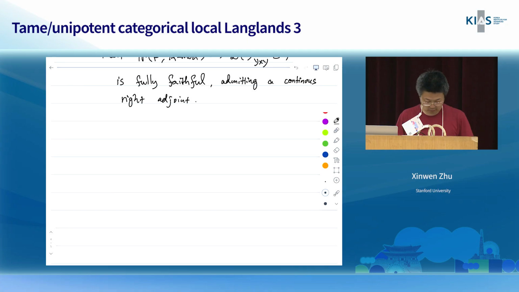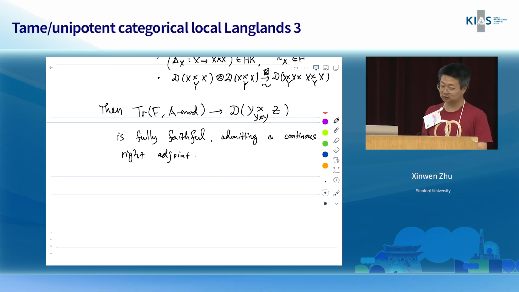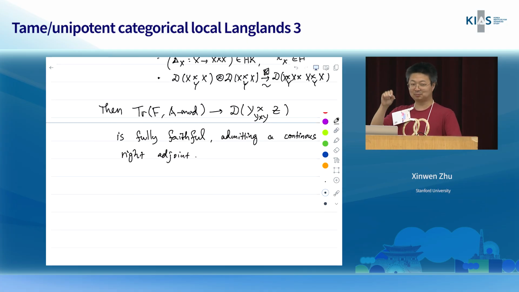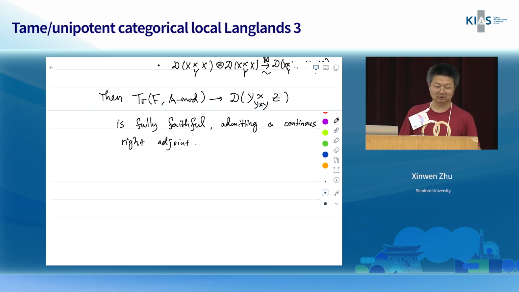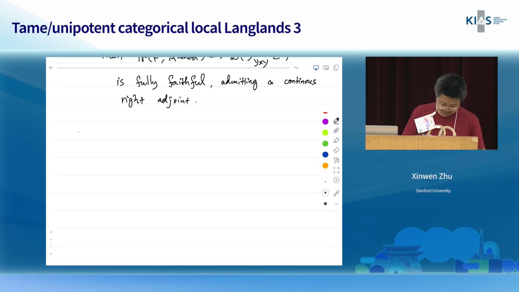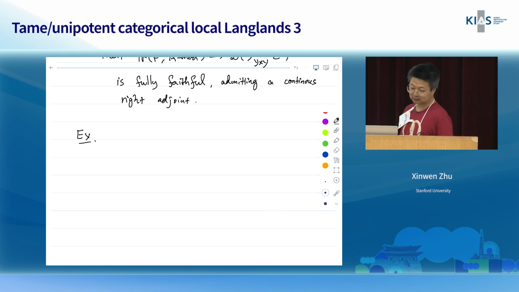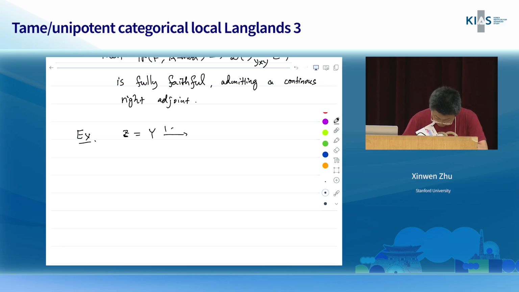So we will specialize it step by step, gradually. The first thing we want to specialize is when Z is actually Y itself, and the two maps G1, G2.